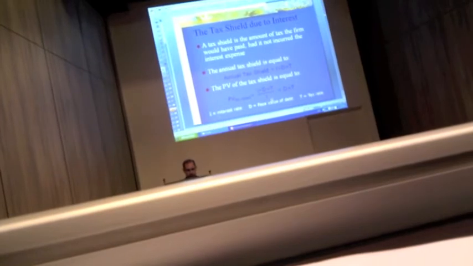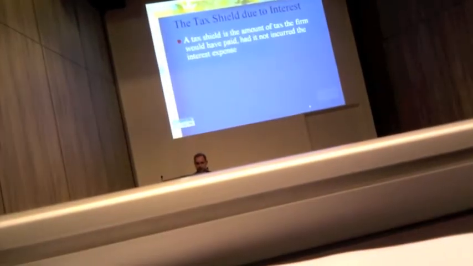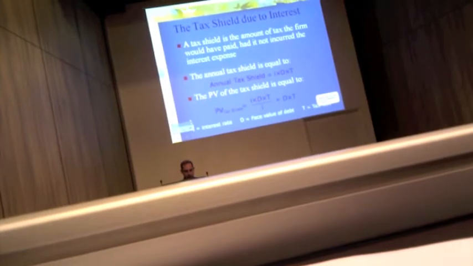Now, how do things change when we have taxes? Proposition number 1. The first proposition says that the value of the levered firm is equal to the value of the unlevered firm, so far, plus something. Now, what is that something? That's PD. What is that PD? I'll just explain right now.